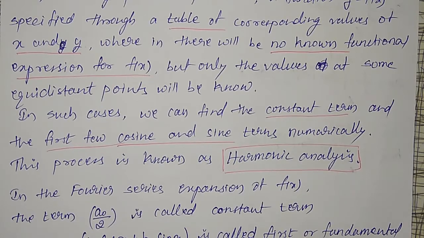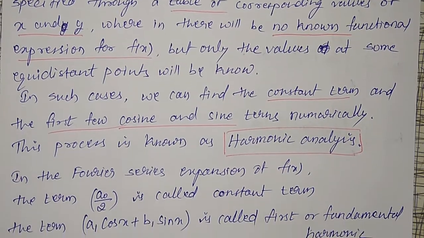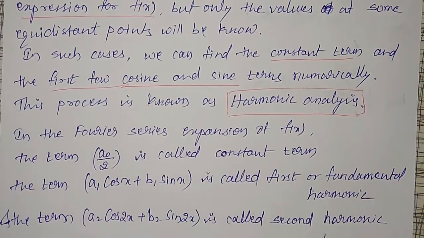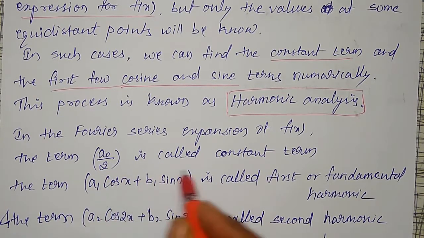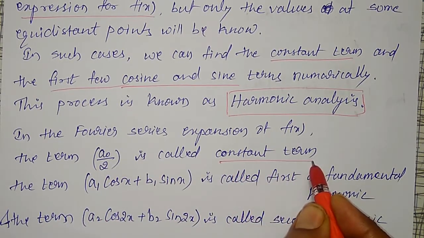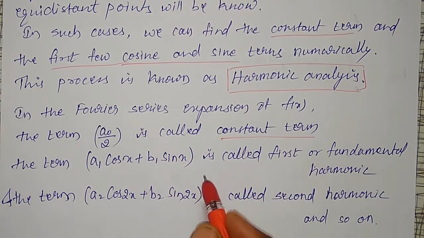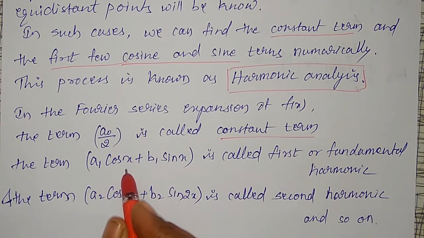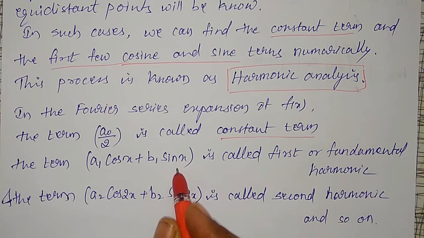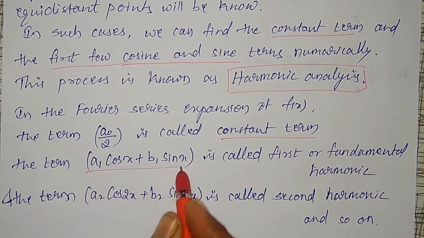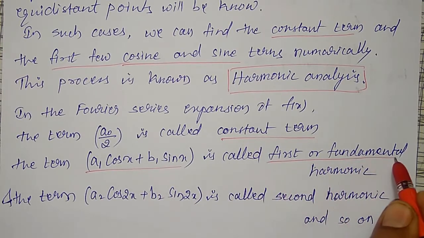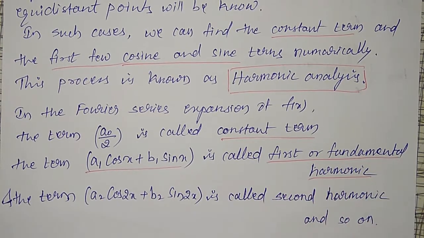Then how to find this? In the Fourier series expansion of f of x, the term a naught by 2 is known as the constant term, and the next term, for n equal to 1, a1 cos x plus b1 sin x, is known as the first or fundamental harmonic.